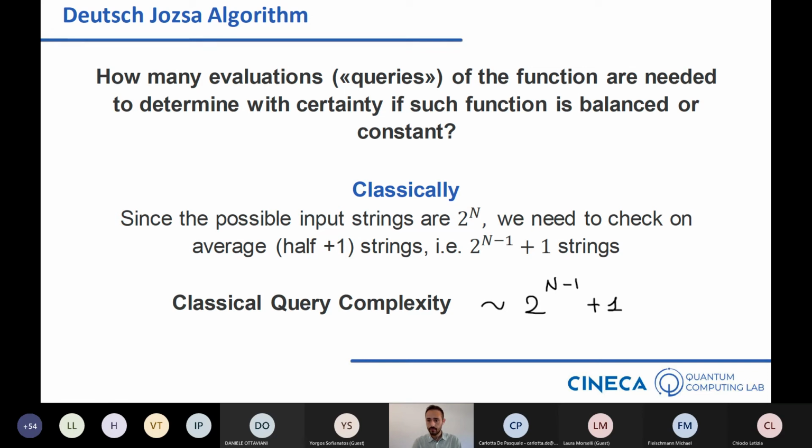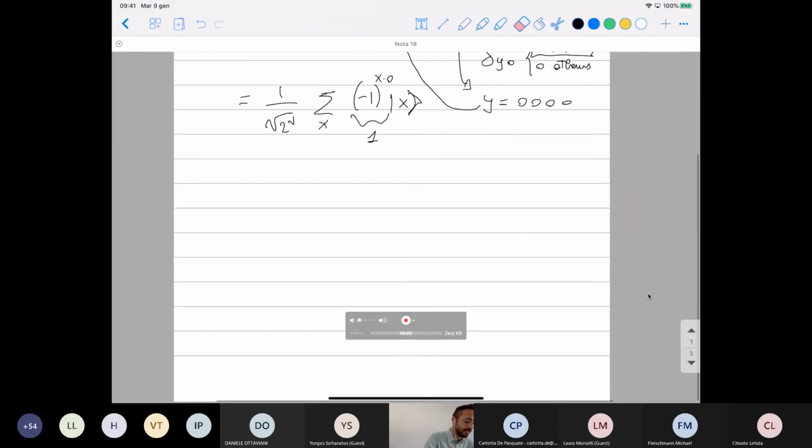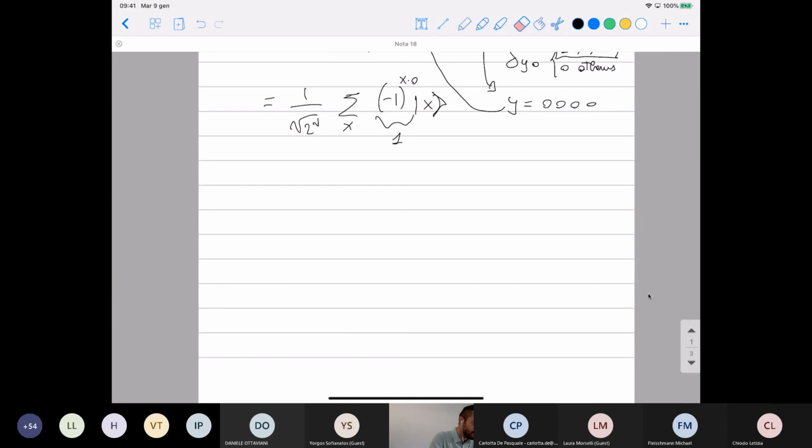Okay, no, it's not clear again. Let me do it with an example here. This is easier with an example. So let's say that I have my function, and I evaluate it on x1.